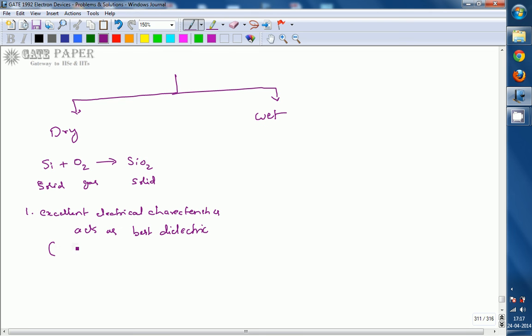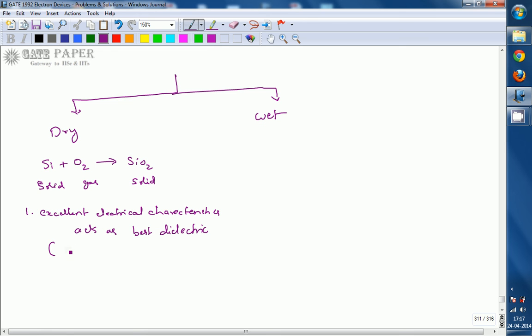This silicon dioxide exhibits the best dielectric properties.